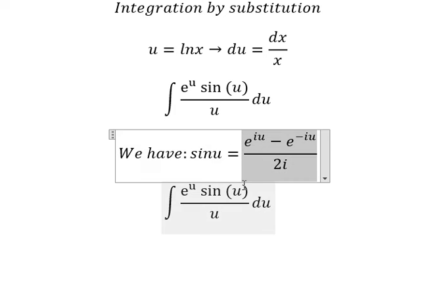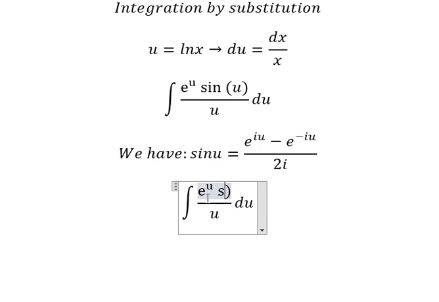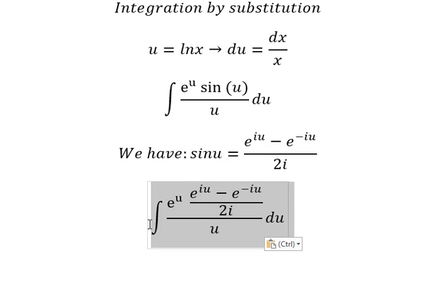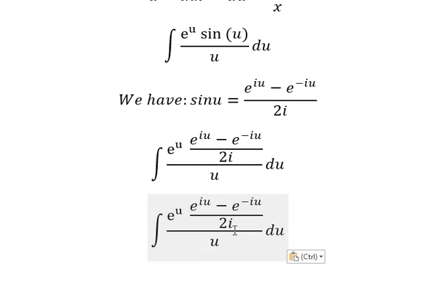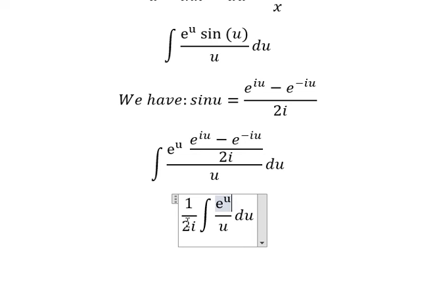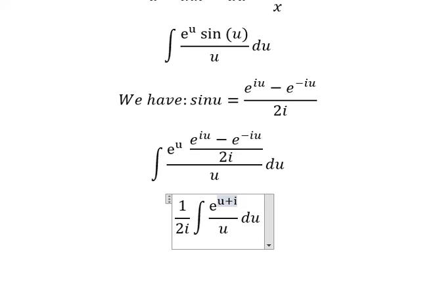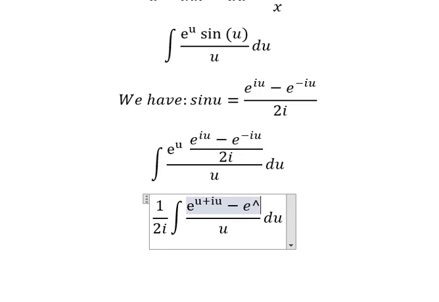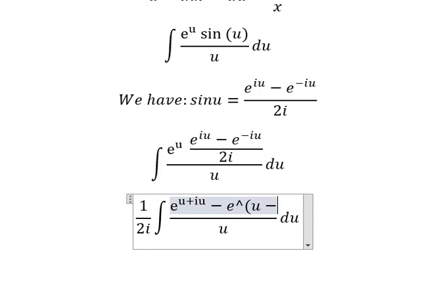So I will put this one in here. Now the 2i I will put outside. e to the power of u multiplied by e to the power of iu and e to the power of negative iu. We will have e to the power of u plus iu minus e to the power of u minus iu.